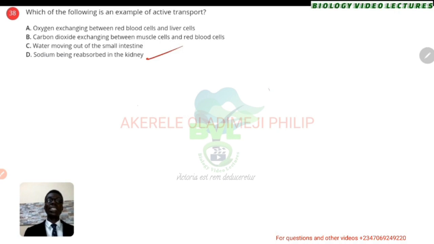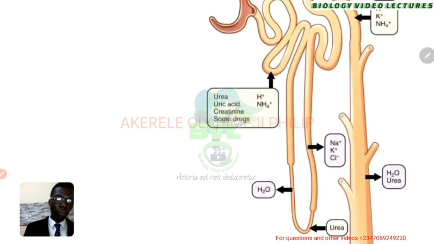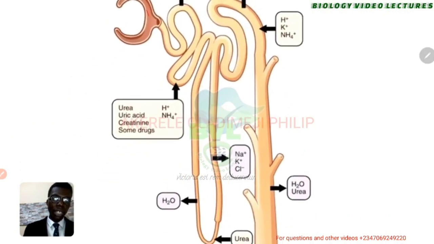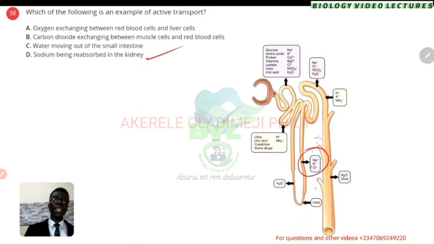That is the one that demands energy for it to happen. This reabsorption taking place here is against concentration gradient, which means that there's already enough sodium around. But even with that, active transport still forces it to those areas.